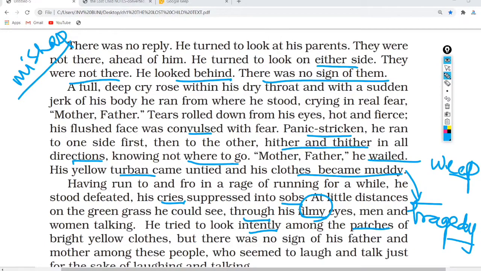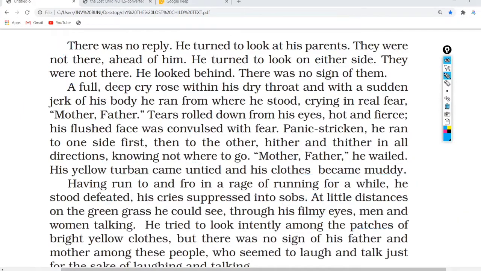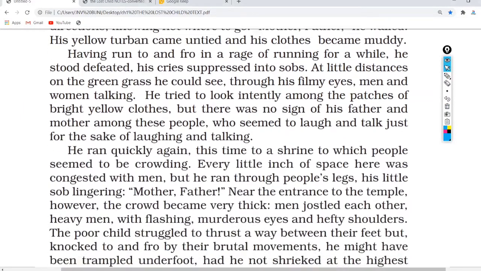The tears fell, and he could not see very clearly. Through these filmy eyes, he could search very intently or closely, but he could not trace out the parents. He could only see the happy race of people who are laughing and talking simply for the sake of laughing or talking. Then let us proceed.